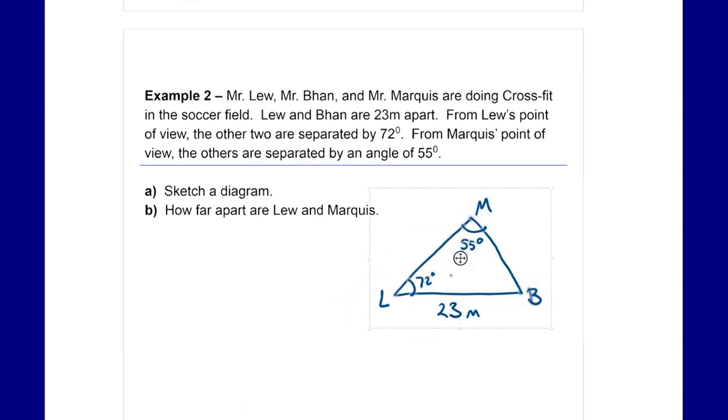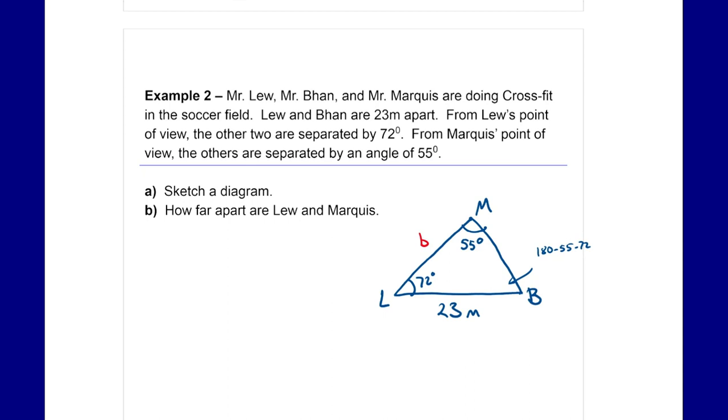So here is my triangle, and we want to figure out how far apart Liu and Marquis are. So we are looking for little b in this case, or this side. Looking at this, it's not a right angle triangle. If I needed to, I could figure out this third angle: 180 minus 55 minus 72.